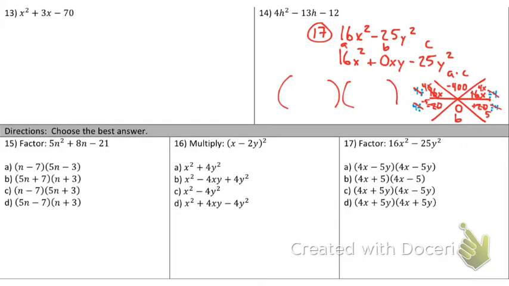Okay, but here's how it changes. It's going to be 4x minus 5. But because I had a variable at my C term, I had a y, the 5 has the y. The second term has your last variable.